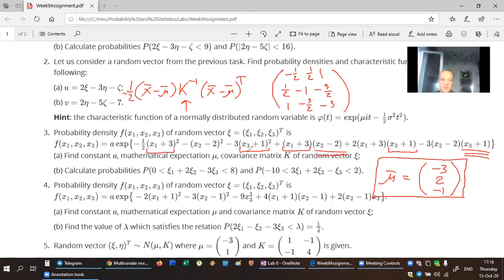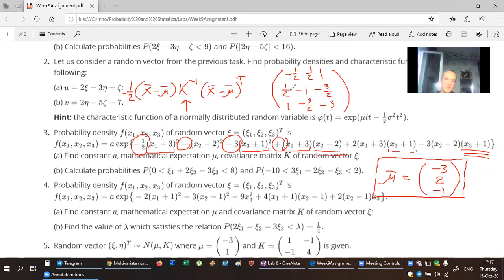So that's right. If we take a look at this expression, we see that here we have minus 1/2. It will be the diagonal element in the first place. Here minus 1 on the second place. Here is minus 3, it will be the third diagonal element. Then we have some coefficients before these two terms. So it's plus 1 here.